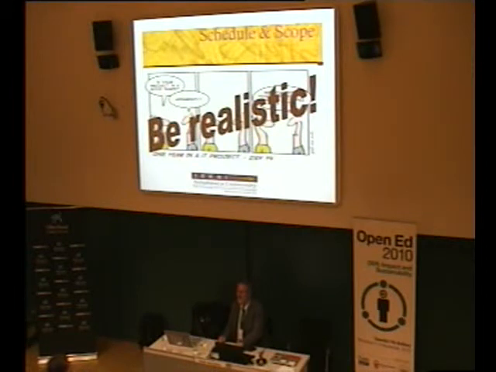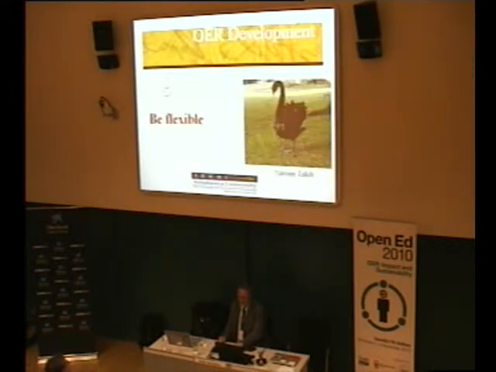So be realistic about what you can do. And be flexible, because things are going to happen that you could never count on. Nassim Taleb wrote his book about the black swan, and he basically said nobody thought black swans existed, and then they got to Australia and suddenly they saw a black swan.